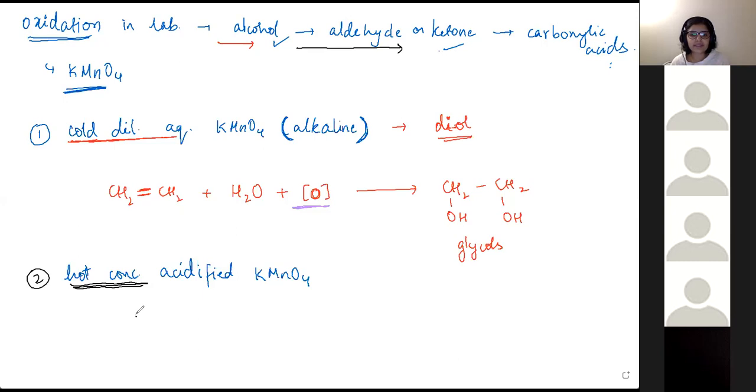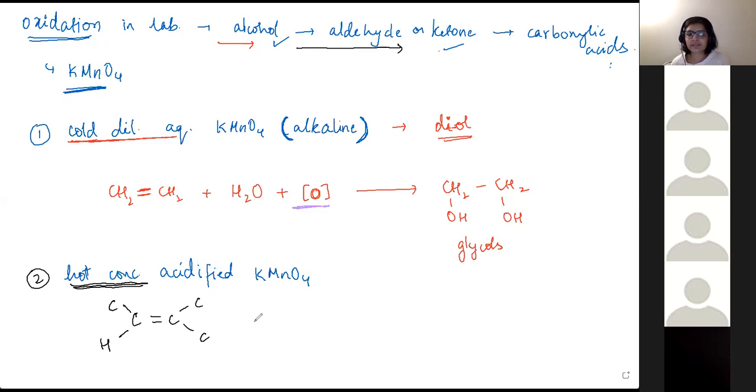So what happens is, if you have C=C, and you've got alkyl groups attached on all sides, or let's say one alkyl group and a hydrogen here. I'm just putting carbon, so it can be an ethyl group, a methyl group, a propyl group, any number of carbons.